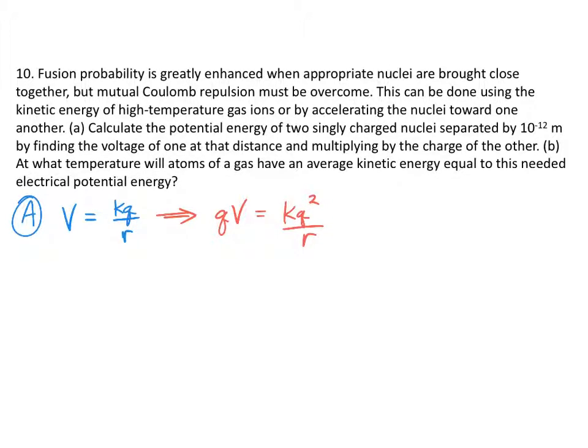All right? So running those numbers, 9 times 10 to the 9th for the K value, 1.6 times 10 to the minus 19 squared for the charge, and the distance was 10 to the minus 12 meters.